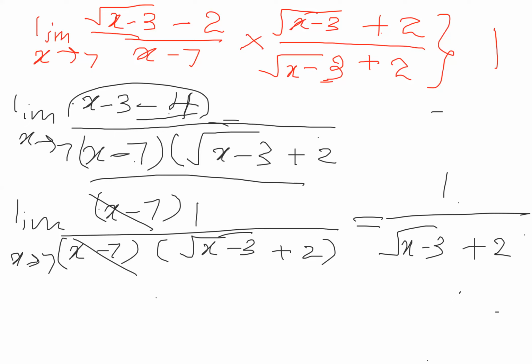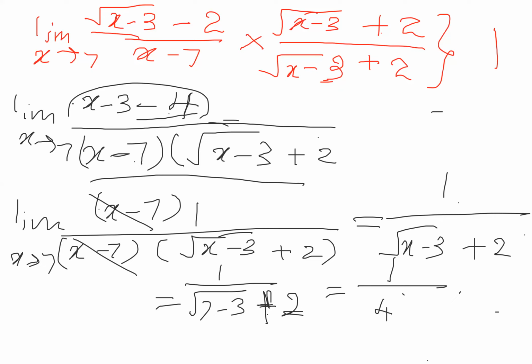When we apply 7 instead of x, we get the square root of 7 minus 3, plus 2. We can simplify further: 1 over the square root of 4, plus 2. The square root of 4 means 2. Then finally we get 1 over 2 plus 2, and we got the answer.